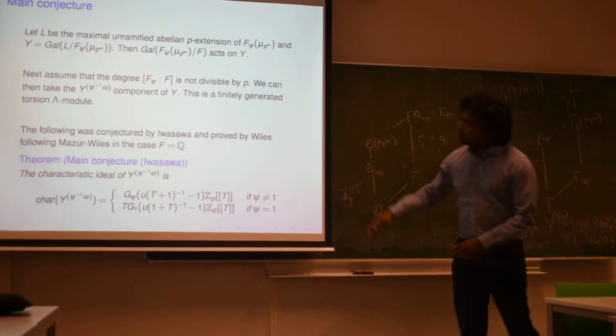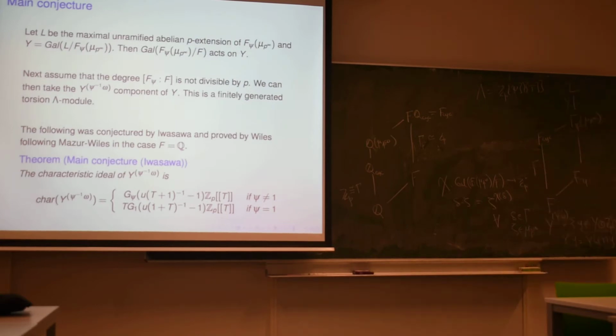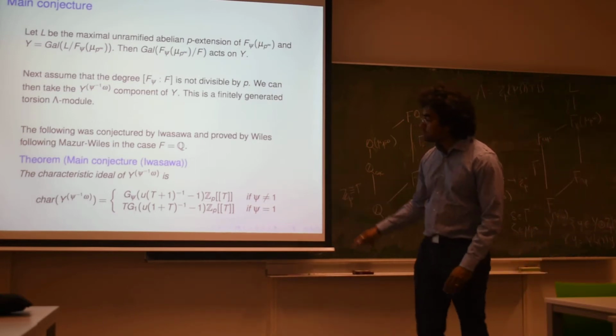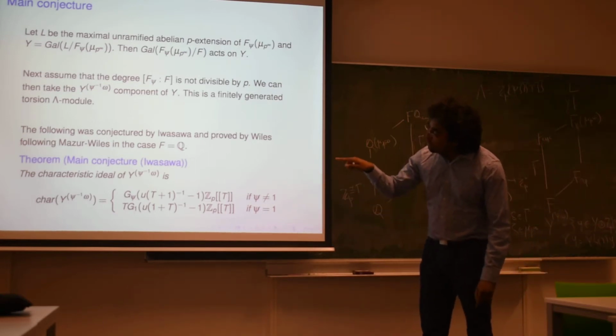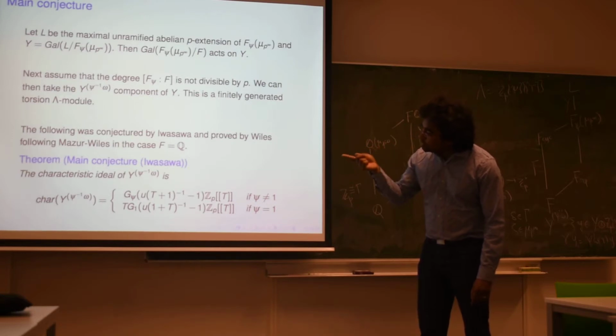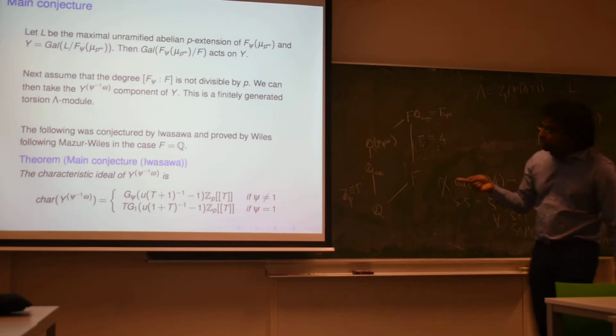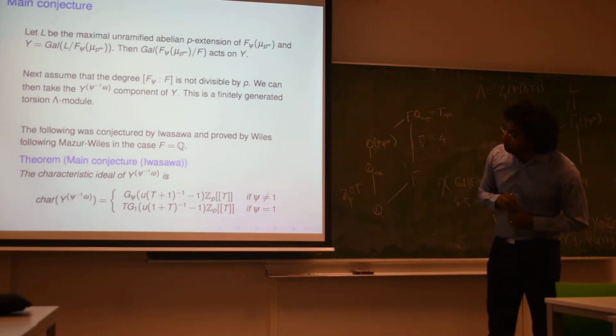So this is a very deep generalization of Ribet's methods to prove this conjecture, and it says that the characteristic ideal of this psi inverse omega component of Y is generated by this power series.